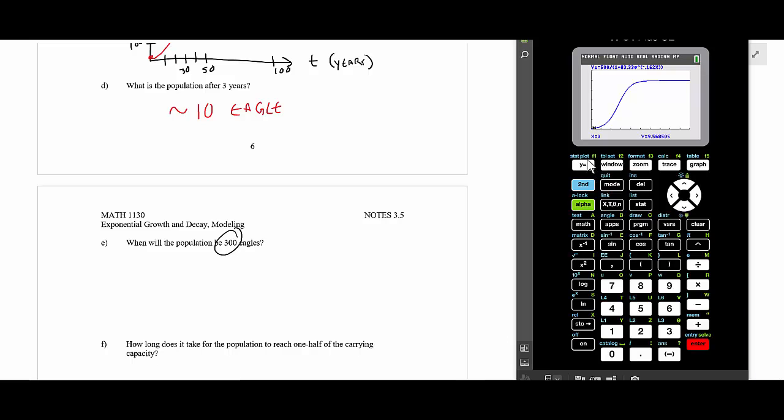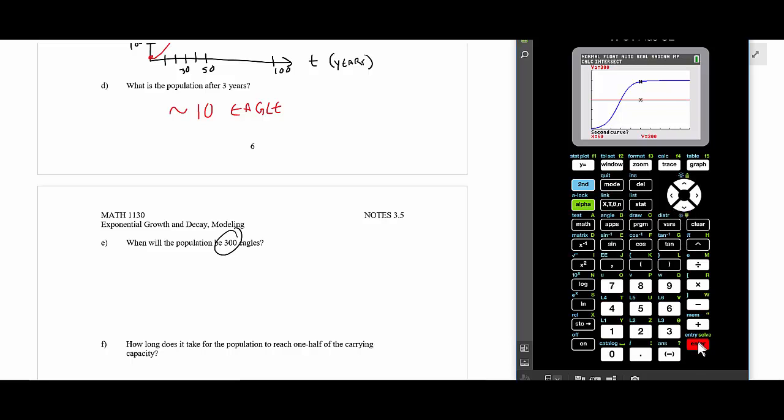So what we're going to do with this is just go to y equals, and then do 300. See, this way you don't have to solve an equation. You could do this with your calculator. So you just do this intersection point right here, and that will tell you how long it takes for that population to reach 300. So we just go second, calculate, intersect.